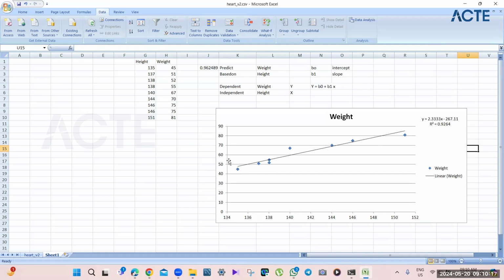The distance from 0 to that particular point where it has a cut is your intercept. And the angle this line creates with the x-axis will be your slope.